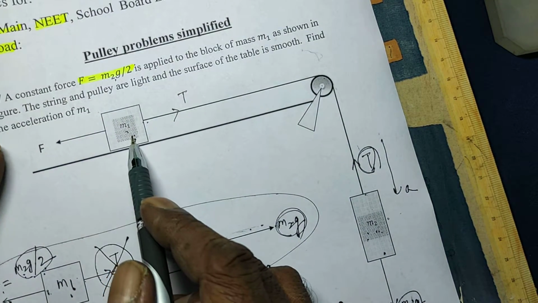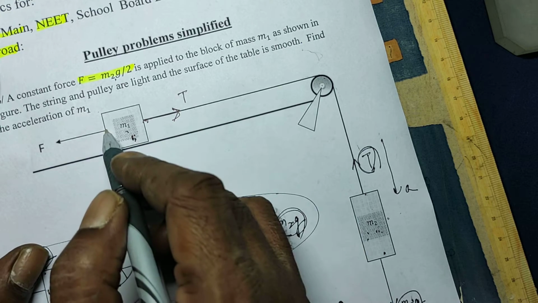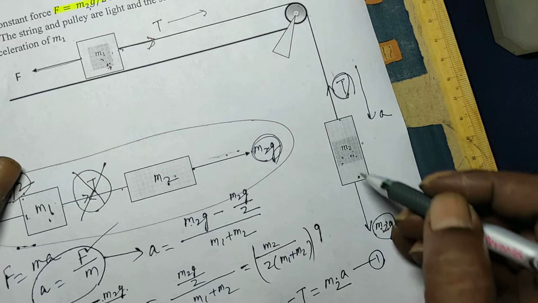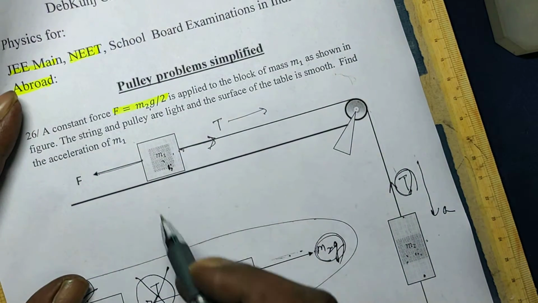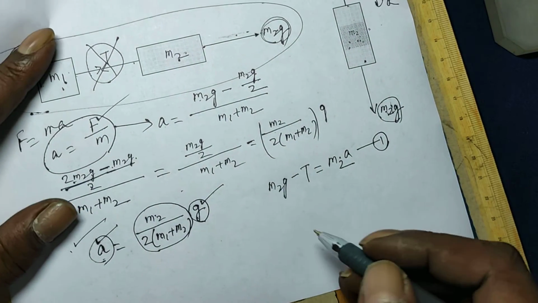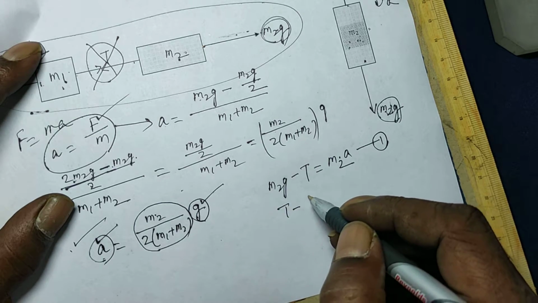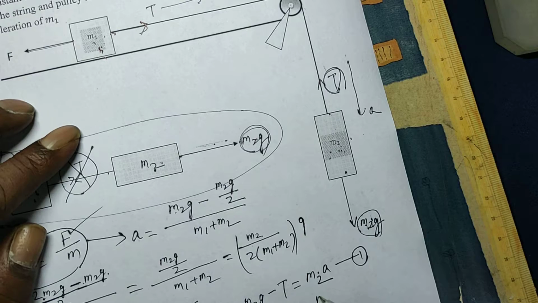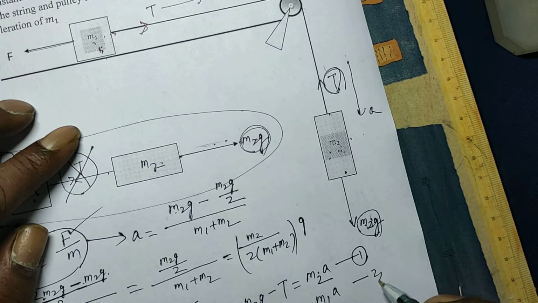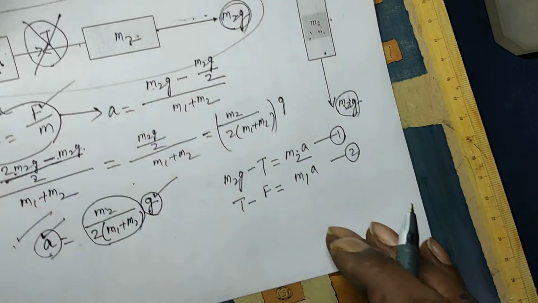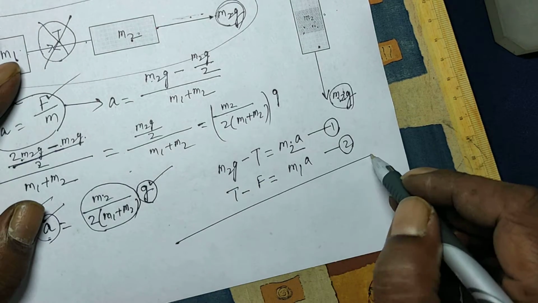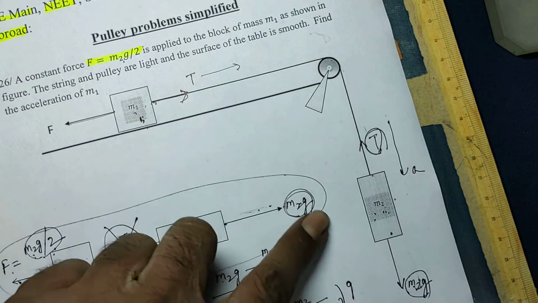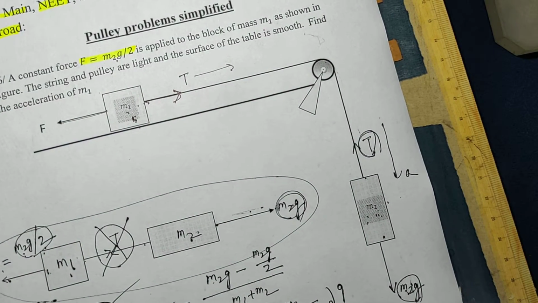Then if you come back here, T is to this side and that is being opposed, and this mass M1 is moving to the right hand side because M2 is falling down. So for mass M1 I write T minus F is the net force on M1, so that will be M1 times A, equation number 2. And I have told you before, whenever in a pulley system there will be two masses, you will have two equations.